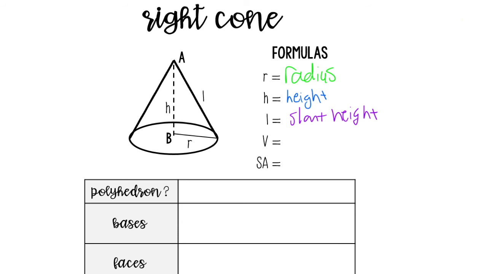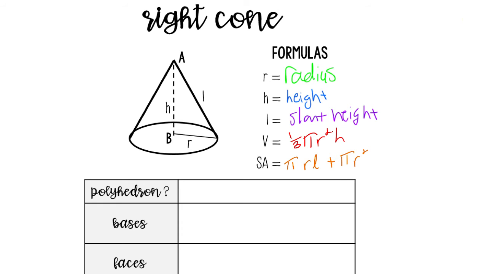V is the volume. That's 1/3 pi r squared h. So a lot like a triangle and a circle put together. Lastly, surface area is pi r l plus pi r squared.